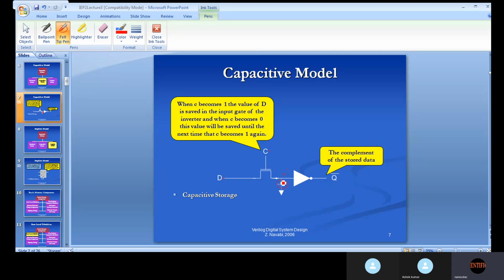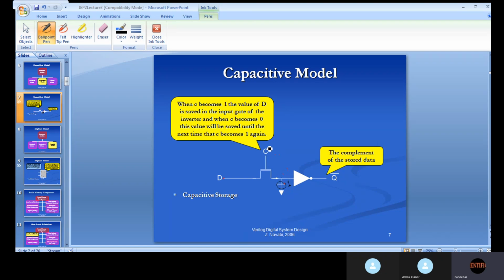This value will remain stable in this capacitor until the C value changes, until C becomes 1 again. Once again, I will tell you clearly: this capacitor will store the value, it is storing the value 1.